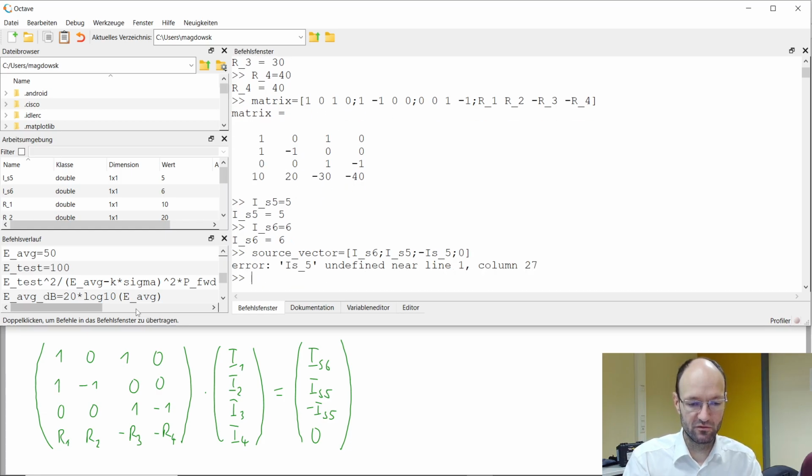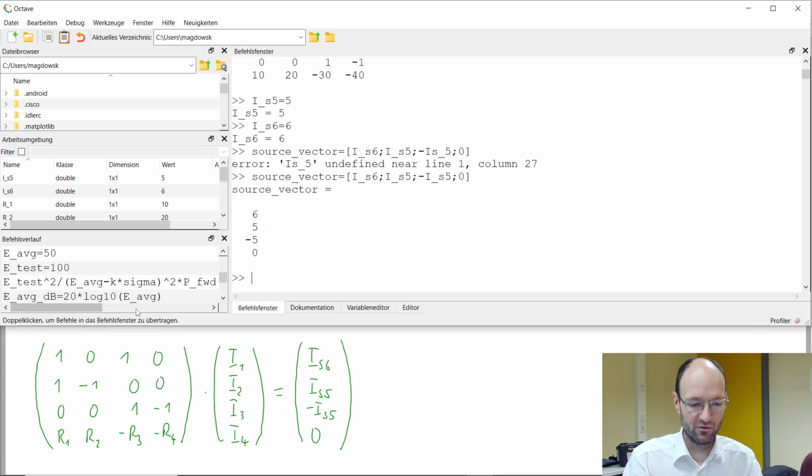So yeah, I think so. Okay, there we go. It also looks similar to what we have here, just with the values inserted.